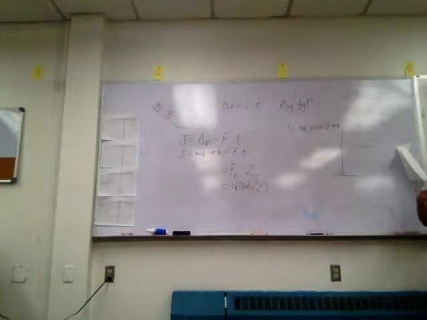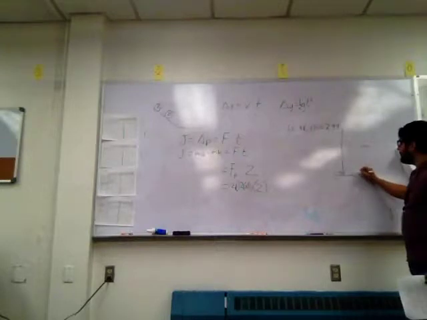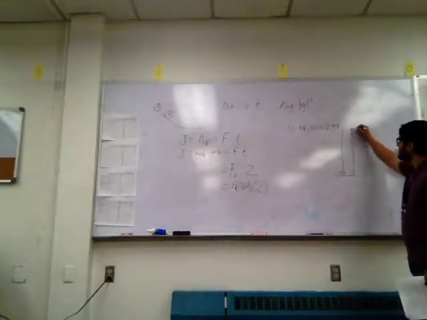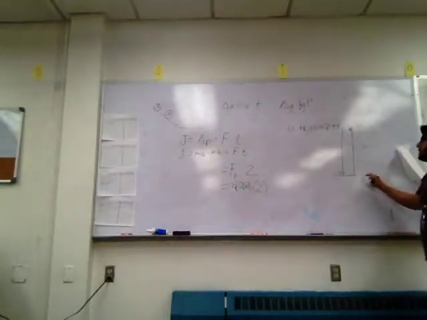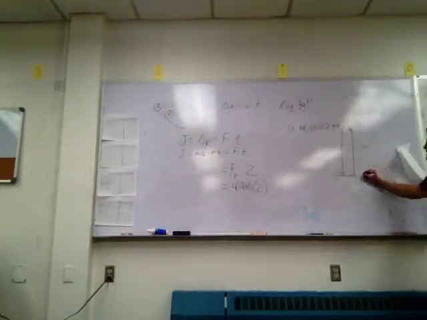What do I know about elastic collisions? No energy is lost. What would be my kinetic energy the moment it bounced up? 2.94, because no energy was lost in a perfect elastic collision.